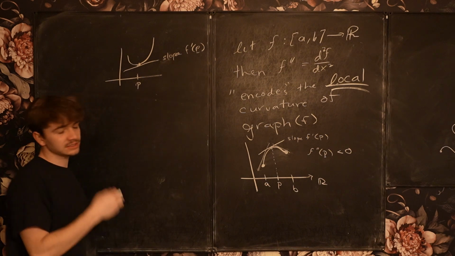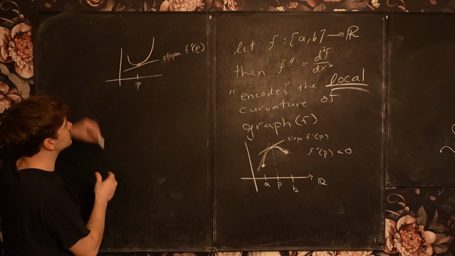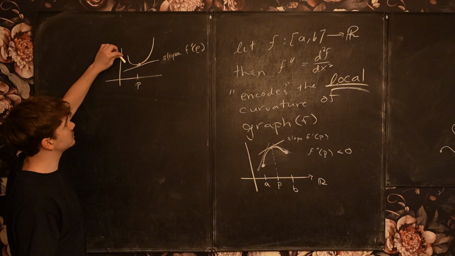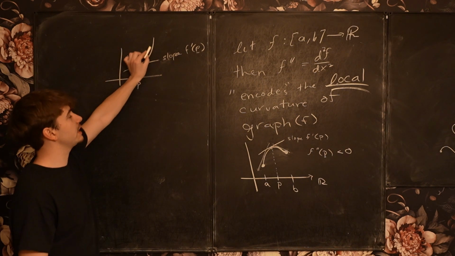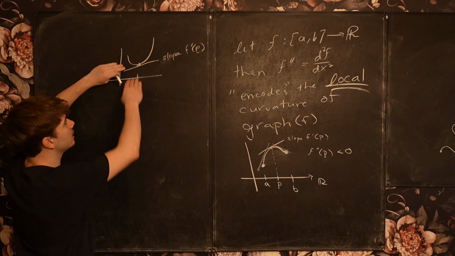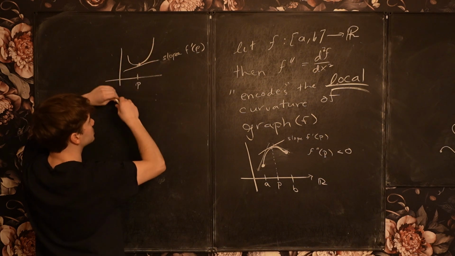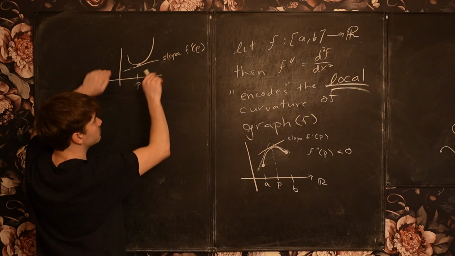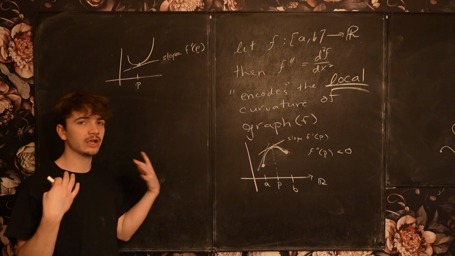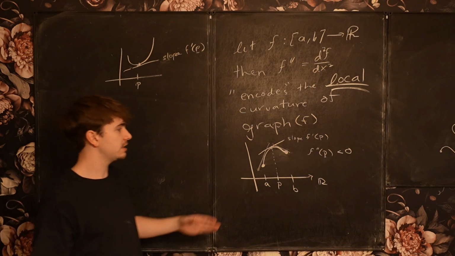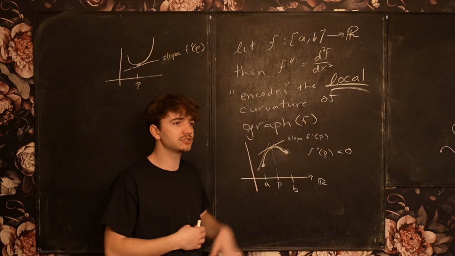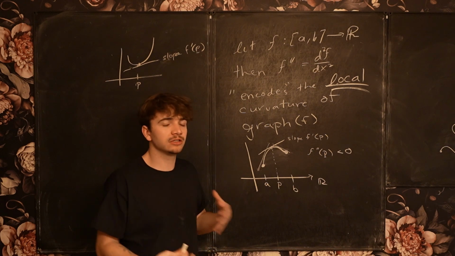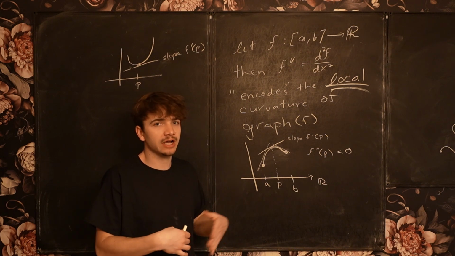The positive curvature tells me that these tangent lines are increasing in slope, and so I have an upwards bending of the graph, and we call that positive curvature. So the sign of the second derivative tells you the direction of the curvature, whether it's positive or negative curvature.